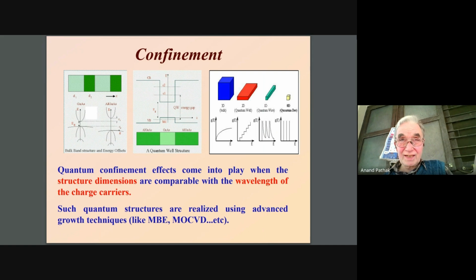I showed you in the second slide that energy band gap depends on the material. Both sides have different energy band gaps, and that's why the electron will be confined here. That confinement makes the energy levels discretized, and then we get the radiation.